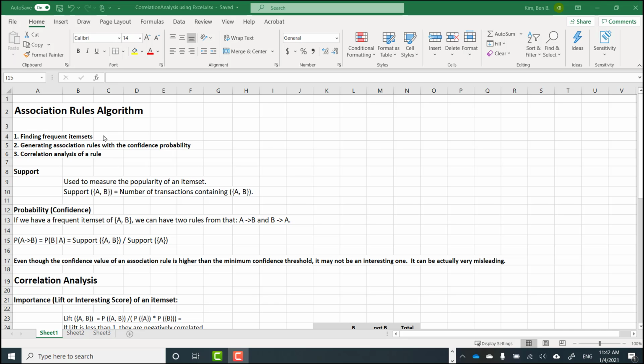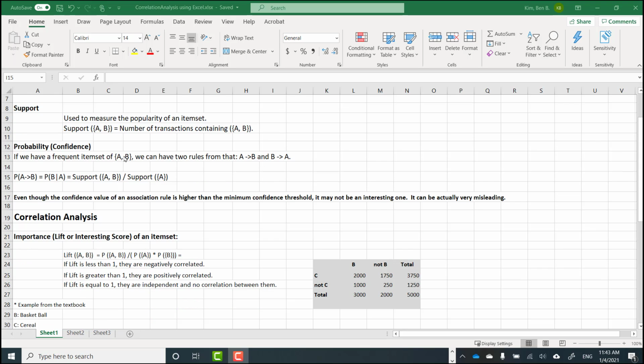Without that pruning, the computational complexity would be huge because the size of the problem grows exponentially. Then from a frequent item set, we can generate association rules with a confidence probability, or just a confidence. And the third one is a correlation analysis of each rule.